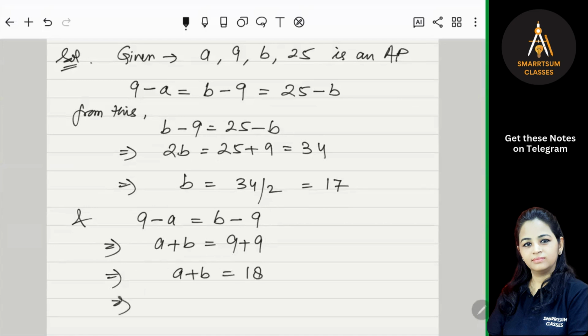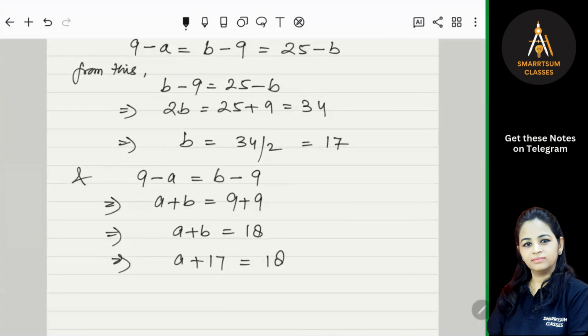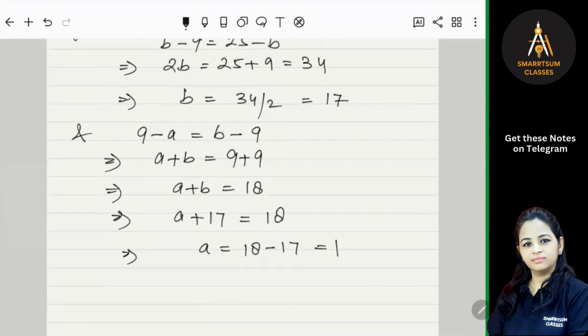Now putting the value of B here, A plus 17 is equal to 18. So now from here, you can find the value of A, which is 18 minus 17. That is 1. Right? So in this way, we have got the values of A and B both. A is 1 and B is 17.